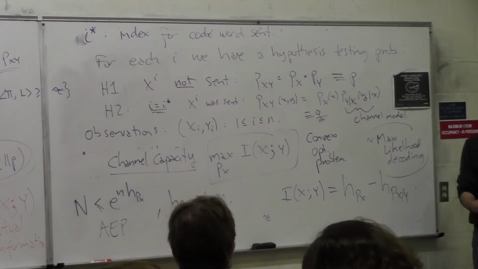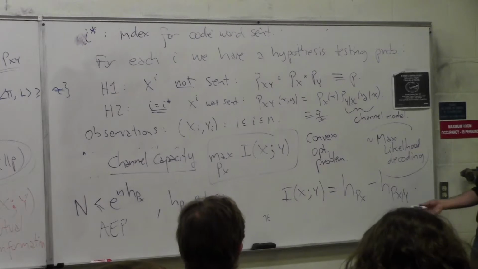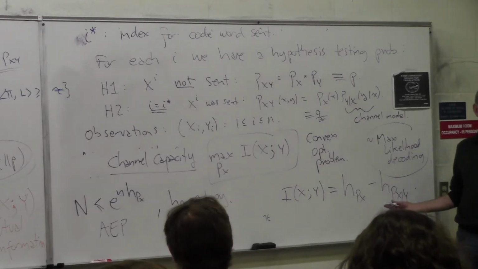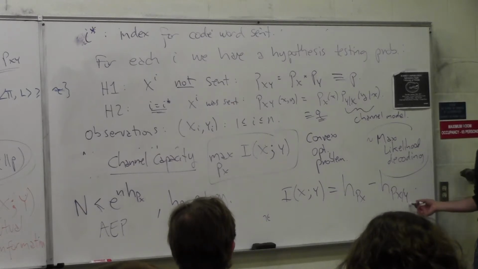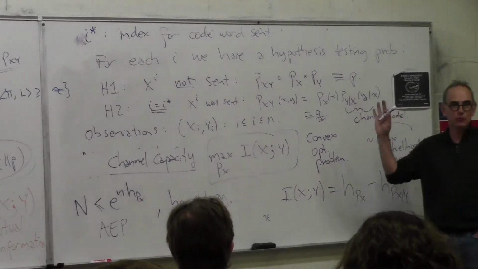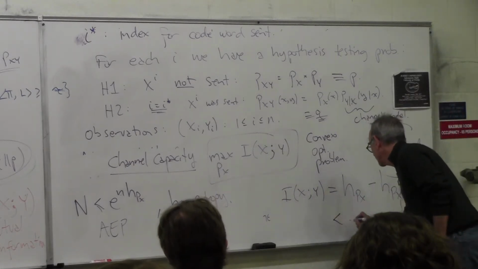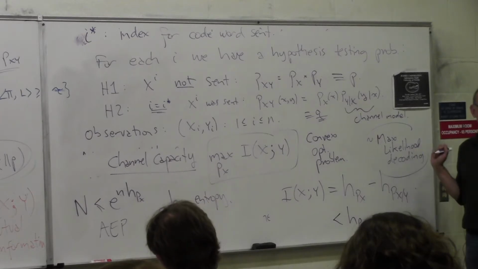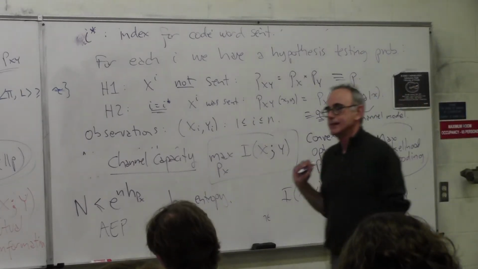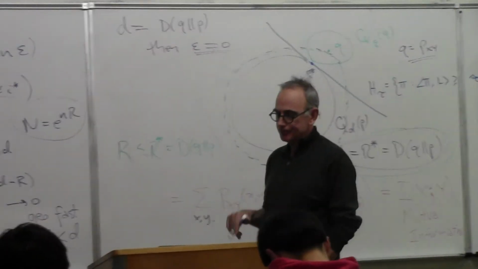I just want to say if you take an information theory class, they will maybe define mutual information this way. It's the entropy minus the conditional entropy of x given y. So you can find it by taking an information theory course. And so it is strictly less than H(px), because conditional entropy is going to be positive. So it all fits together.